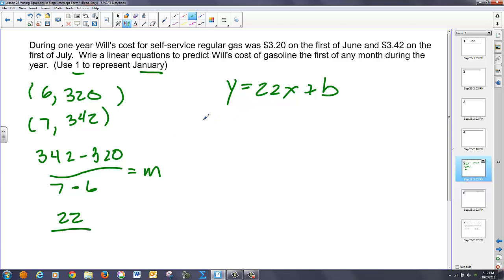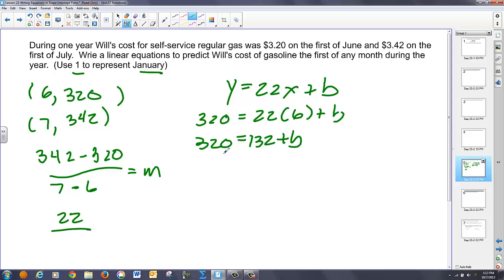Plug in our points, we'll take 320 equals 22 times 6 plus b. 22 times 6 is equal to 132. So 132 plus b is equal to 320.